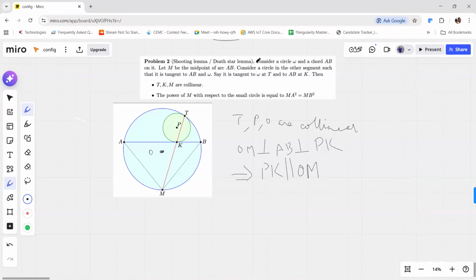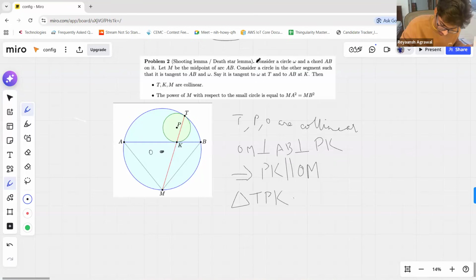Also, TPK and TOM are both isosceles triangles. Yes, exactly. That's the point. And now what can we say about those two? How do they relate to each other? So they are similar. Yes, exactly. TPK is similar to TOM. Now, how can we finish the first part?